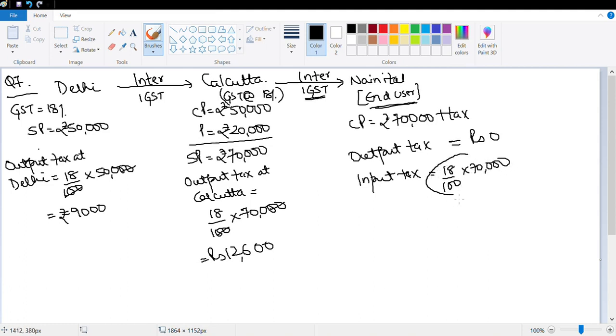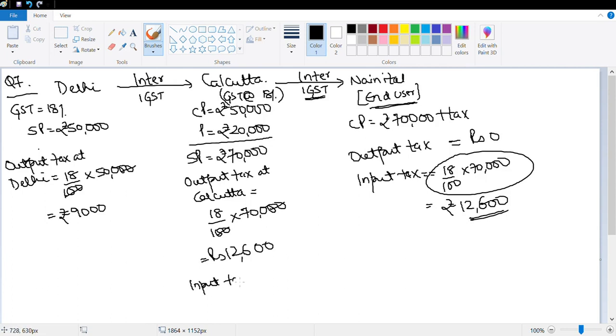We've already calculated this. Note that input tax for him is the output tax for the previous person in the chain. Input tax for Nainital is the output tax for the person in Calcutta, which is rupees 12,600.